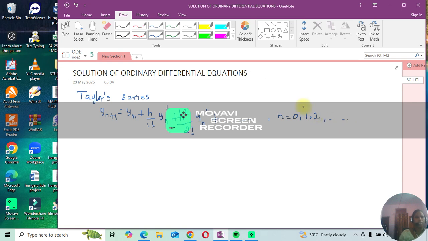So this is the Taylor series method formula.